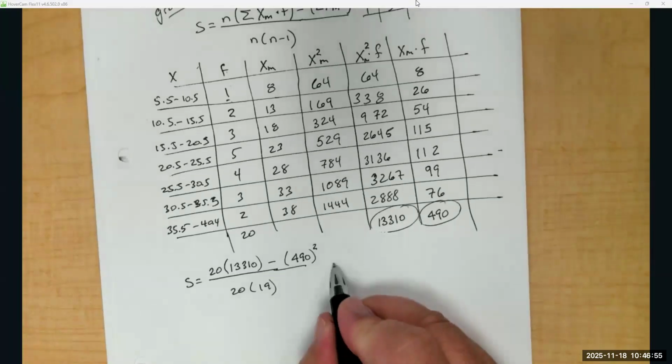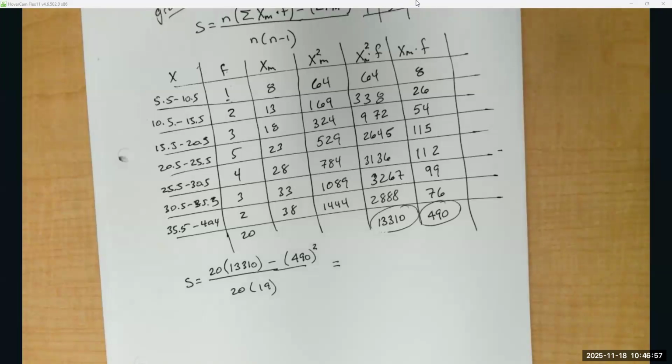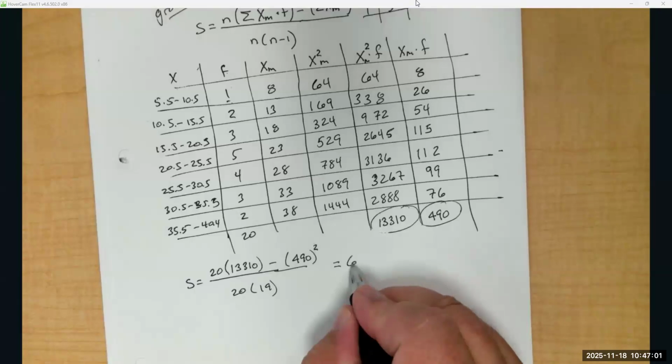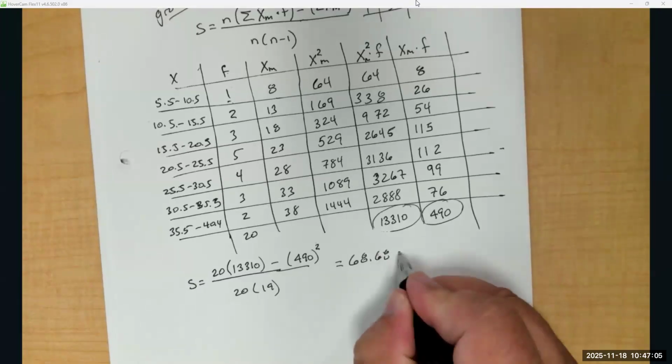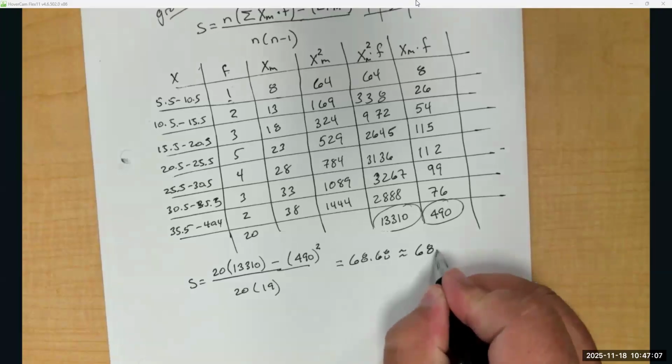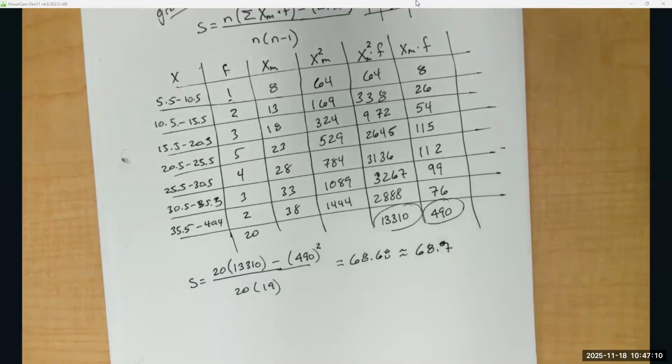So what's the final answer? 0.68. So typically it's one extra decimal point than what you started off with. So 68.7 is our standard variance.